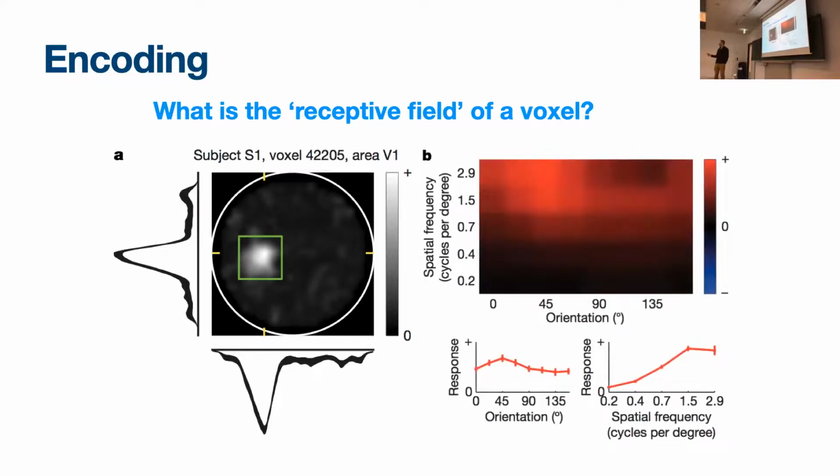You get orientation and spatial frequency. Spatial frequency stands for the fineness of the patterns at that location. So this means finer patterns, and this means coarser patterns. So this voxel likes very fine patterns at this location with an orientation of 45 degrees. That's what it likes.